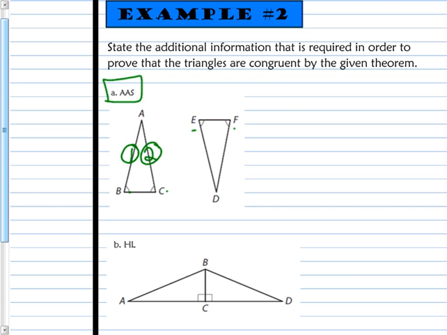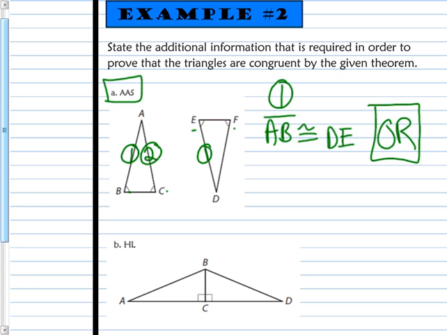If you go with option 1, you could say that AB is congruent to DE, or I need that AC is congruent to DF. I need either of these pieces.